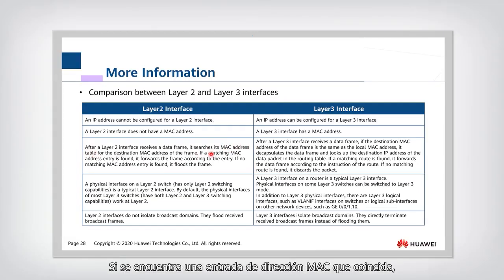If it's matched, then they will forward through the corresponding interface. If no matching entry is found, the packet will be flooded out through all the outgoing interfaces. So these are the process, the operation mechanism of layer 2 interface.